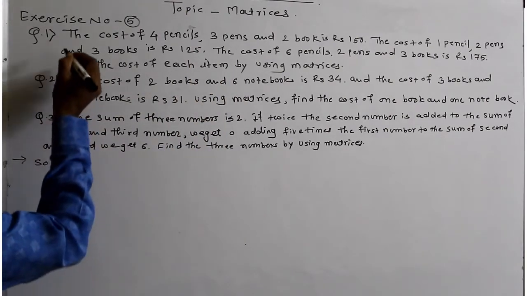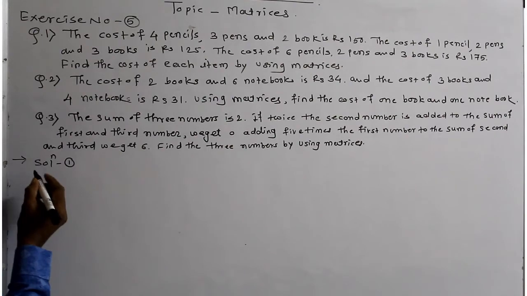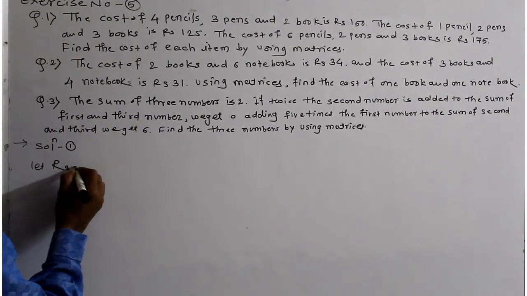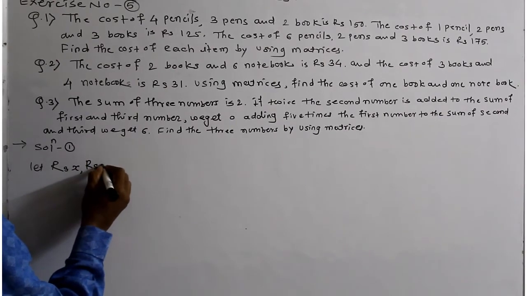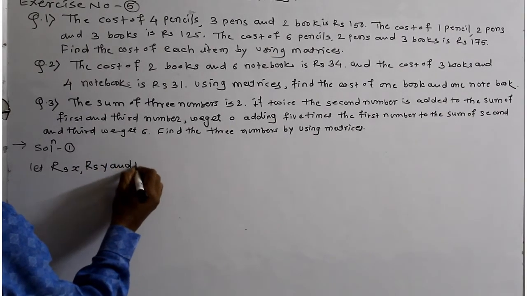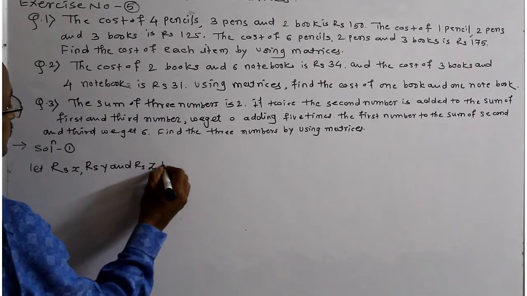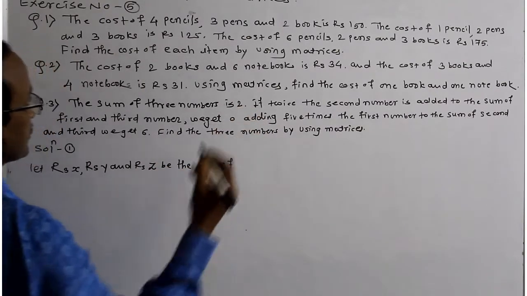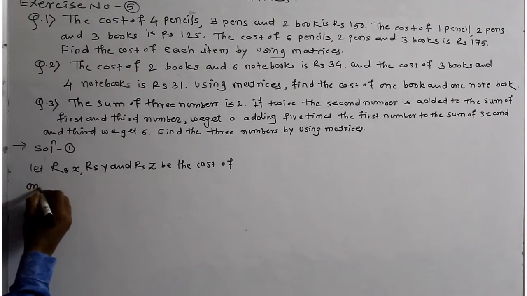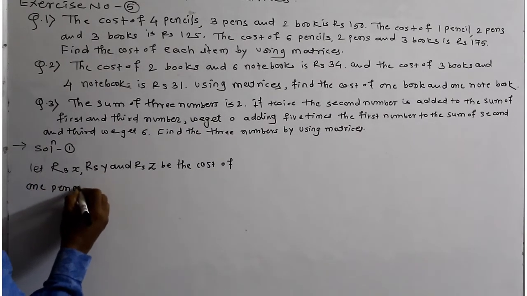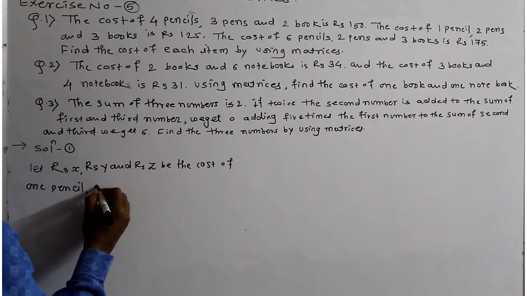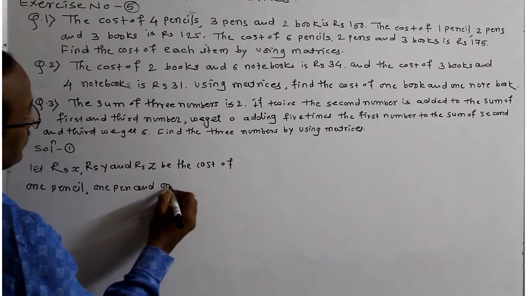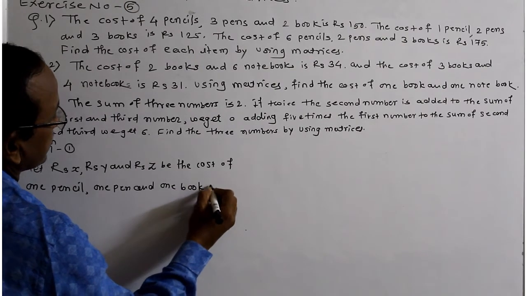So now let us consider the first example. Here let rupees x, rupees y and rupees z be the cost of one pencil, one pen and one book respectively.